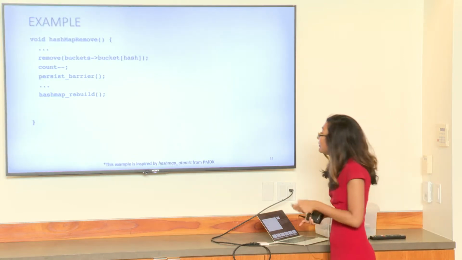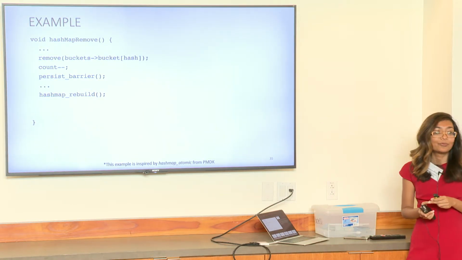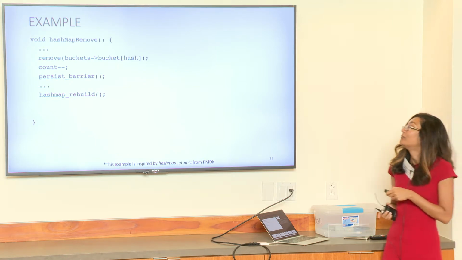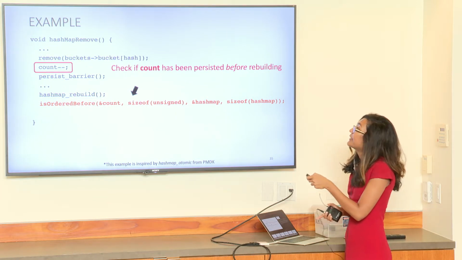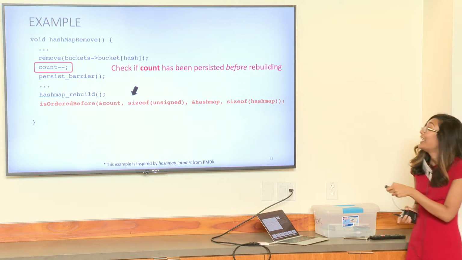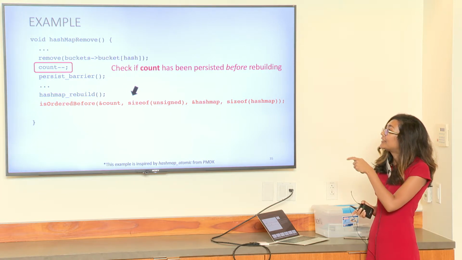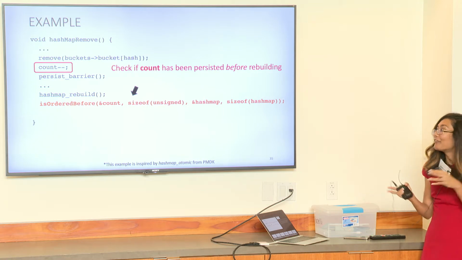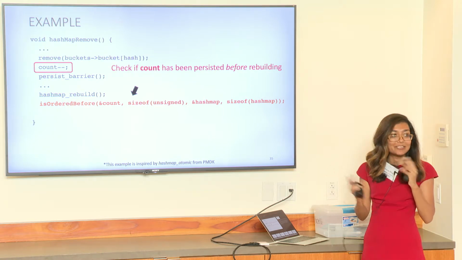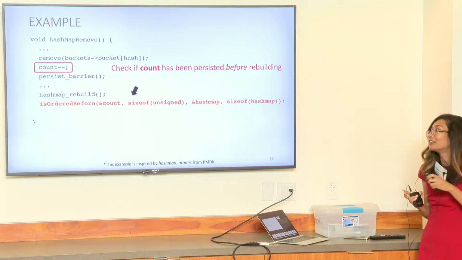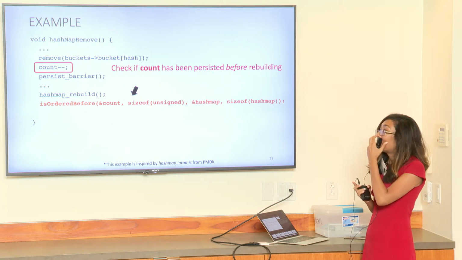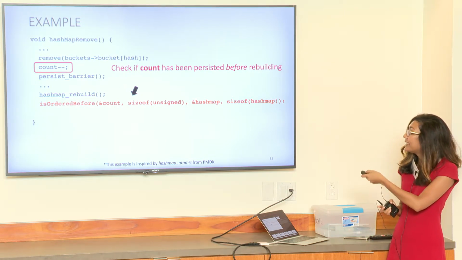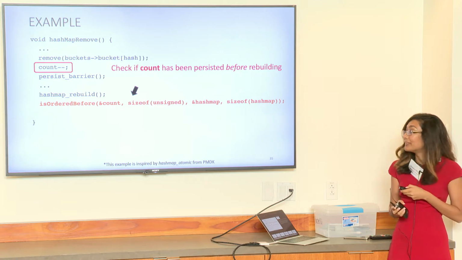So this is an example very similar to one of the PMDK examples for hash maps. It's removing an element from the hash, and after that the count is decremented. There is a barrier and a large portion of code in between before the hash map is rebuilt, which is an external function call. So it's actually not that intuitive for the programmer to know if a change has persisted before the hash map is rebuilt.